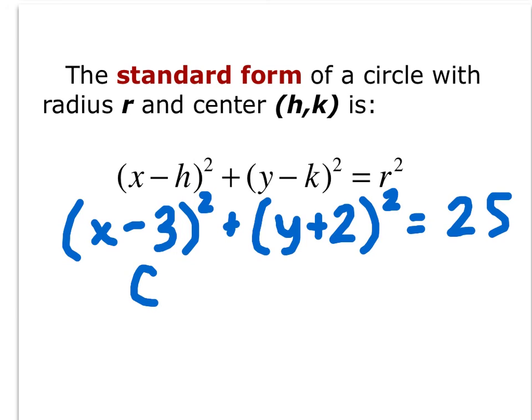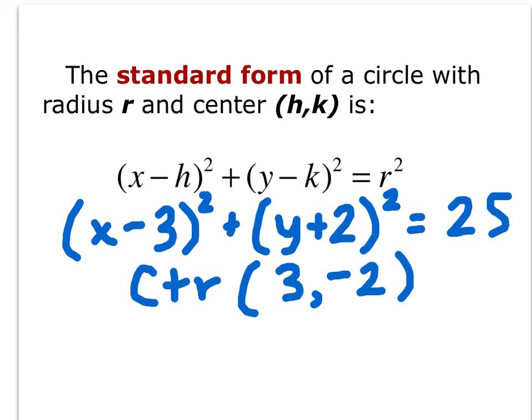Well, of course, the center is going to be the point (3, negative 2), negative because of the plus sign in the original equation, and the radius will be not 25 but 5. Remember, in the equation the radius is always presented as r squared.